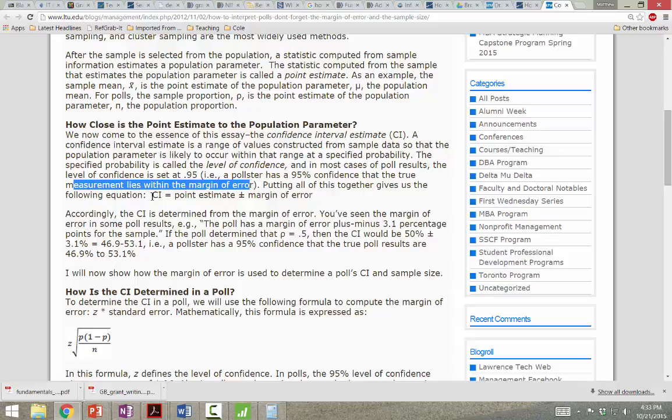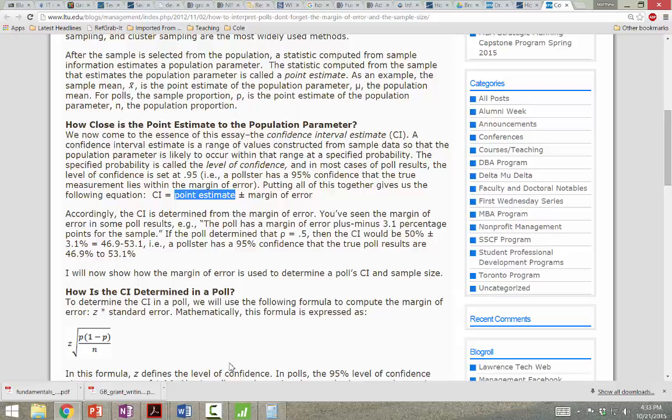So precisely what the confidence interval reflects is the point estimate or the statistic. In the case of polls, it's the poll value, the probability, plus the margin of error or minus the margin of error.